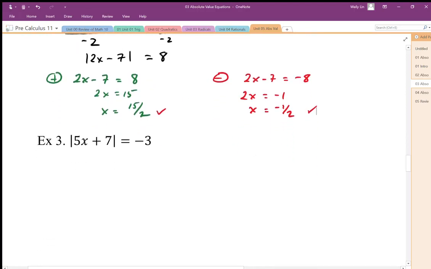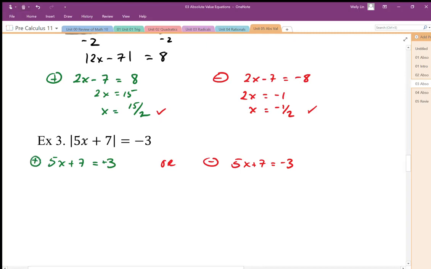So the same thing here. We're going to consider our positive and negative versions of this. We can have the inside equal to positive 3, and we can have the inside equal to negative 3. So 5x plus 7 equals negative 3. So we have our negative possibility and our positive possibility.